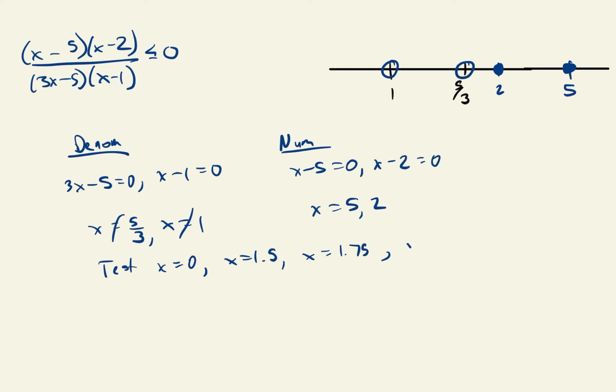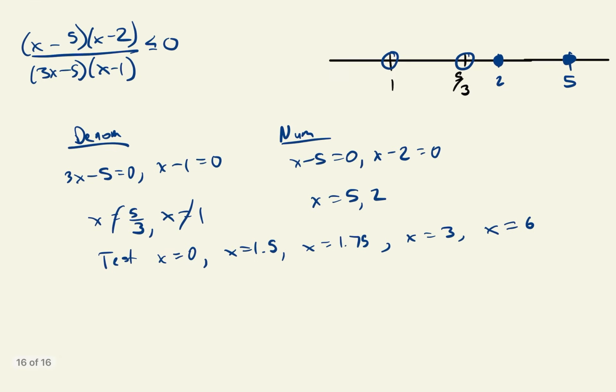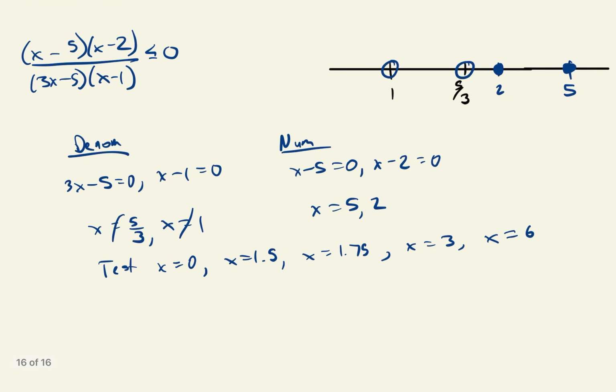And in between 2 and 5, I will test 3. And I will also test 6 to test the final interval. So this is going to require a lot of probably tedious work.